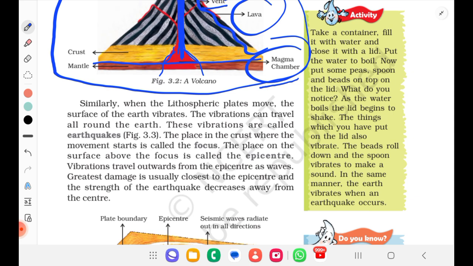The place in the crust where the movement starts is called the focus. The place on the surface above the focus is called the epicenter. Vibrations travel outwards from the epicenter as waves. Greatest damage is usually closest to the epicenter, and the strength of the earthquake decreases away from the center.